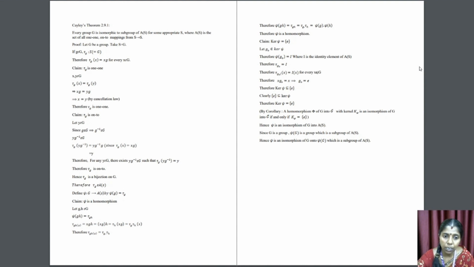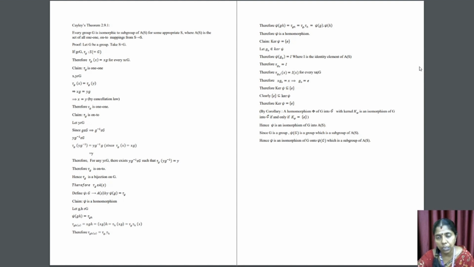That equals tau_h of xg, that equals tau_g, tau_h of x. Therefore, tau_gh(x) equals tau_g into tau_h. Therefore, psi(gh) equals tau_gh, that equals tau_g into tau_h, which implies psi(g) into psi(h). Therefore, psi is a homomorphism.